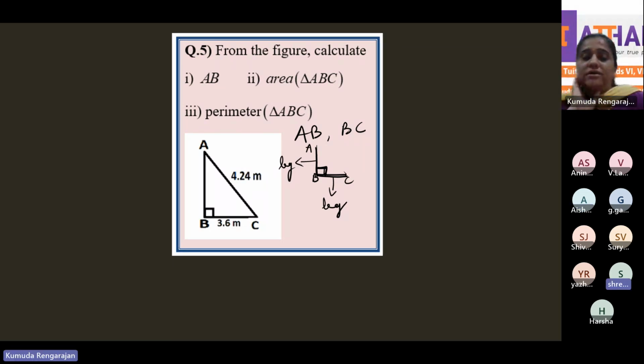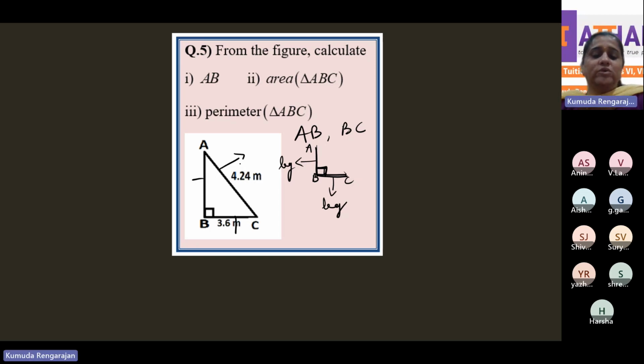In a right triangle, the two sides containing the right angle are called the legs of a right triangle. So this is one leg, this is the other leg.